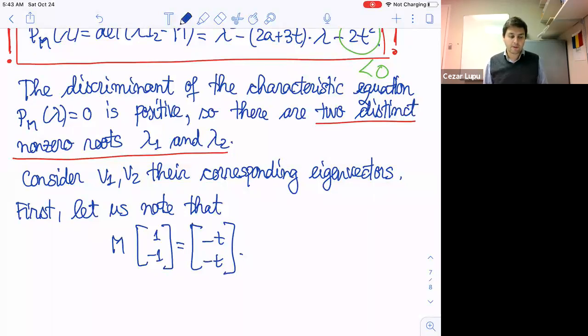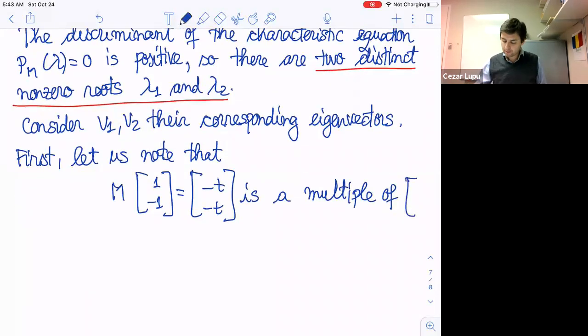So in other words, this is a multiple of the vector 1, 1.